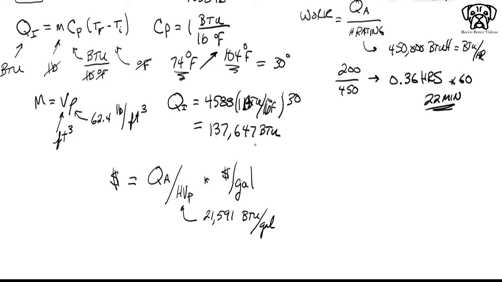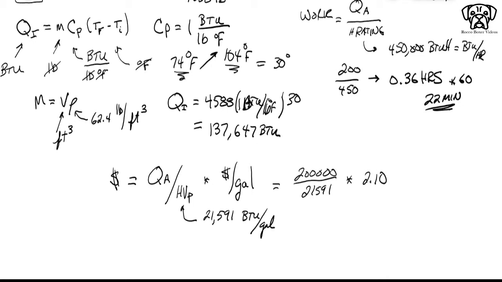It's 21,591 BTUs. So if we know our actual, which we called 200,000, and we divide it by 21,591, we'll put 200,000 up here divided by 21,591.